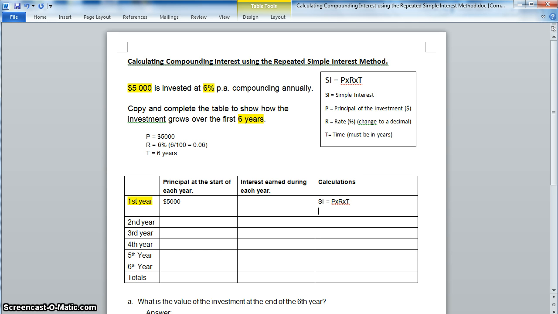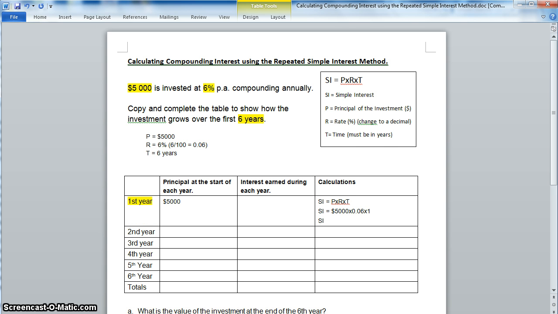So the time in this case will be 1 year. So simple interest equals 5,000 times the rate. Remember, the rate in a decimal is 0.06, and the time is 1, because we're calculating the simple interest for just 1 year.